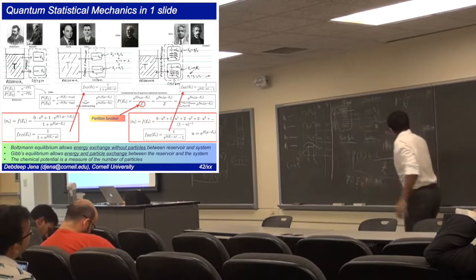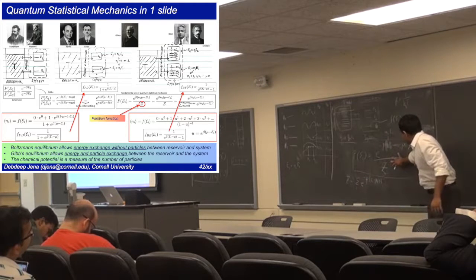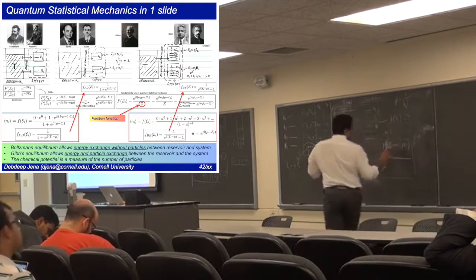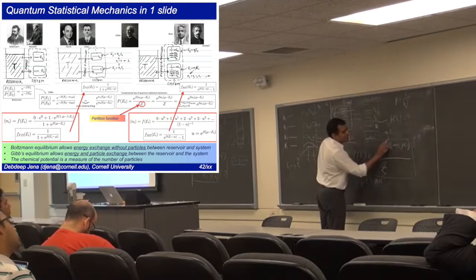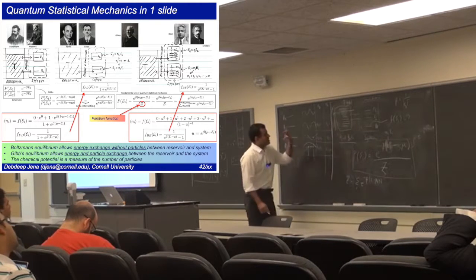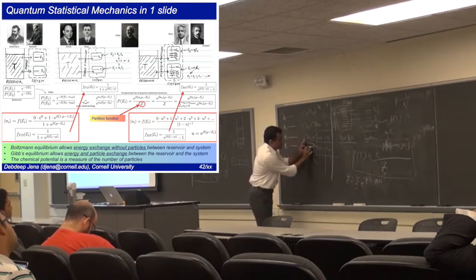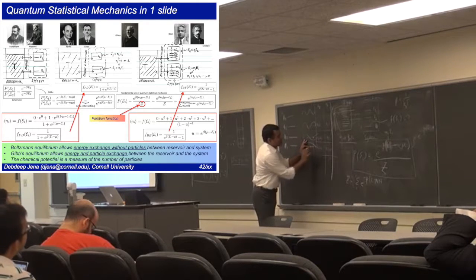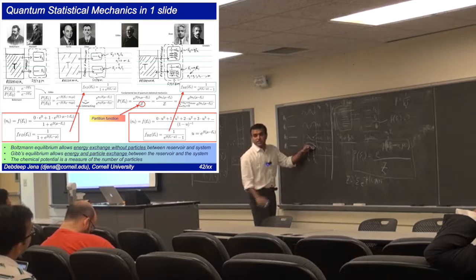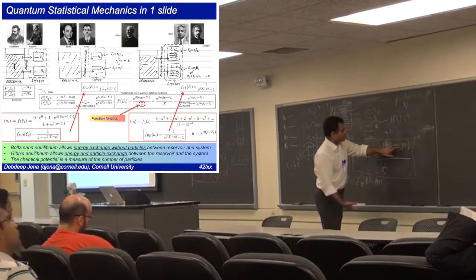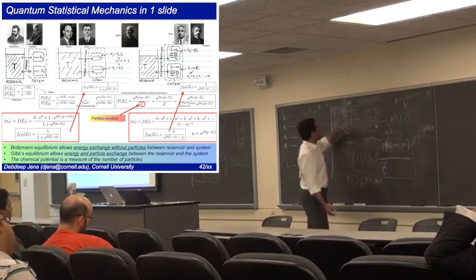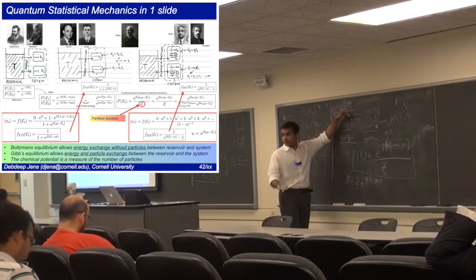So what we're going to do now is take this, and hopefully physically what these quantities are is clear. Beta is 1 over kT. Big EI is the number of particles sitting in that orbital times the single-particle energy of that orbital. Ni is the number of particles in orbital I, and mu is the chemical potential of the heat bath. Does that make sense?